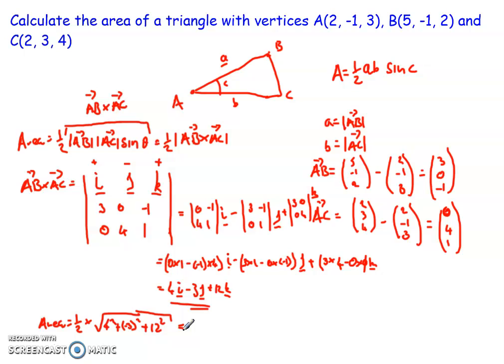So if I calculate all of this out, that's 16 plus 9, so it's 25, plus 144, so it gives me 169. The square root of 169 is 13, so the area is 13 over 2 units squared. So there you go.